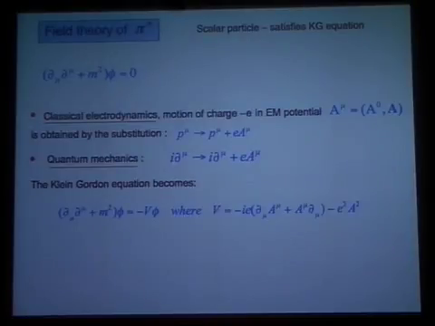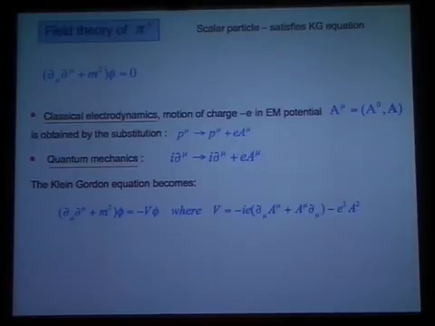I end up with a new version of the Klein-Gordon equation, which has still got the ∂^μ∂_μ + m² squared, and everything new I've put onto the right-hand side, and I've called it an overall V. And if you just expand that, you'll find that the V has pieces in which you take an A^μ from the ∂^μ and a ∂_μ from the other part to get a linear term, minus ie(∂_μA^μ + A^μ∂_μ).